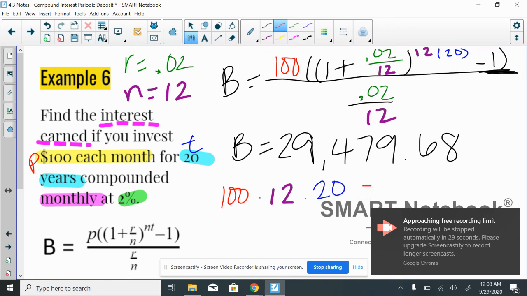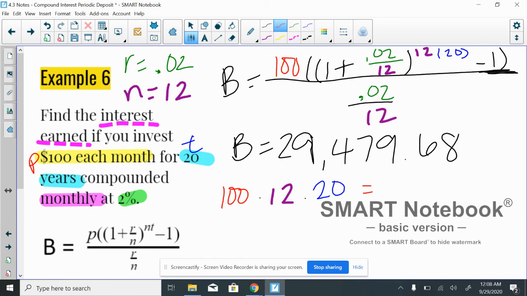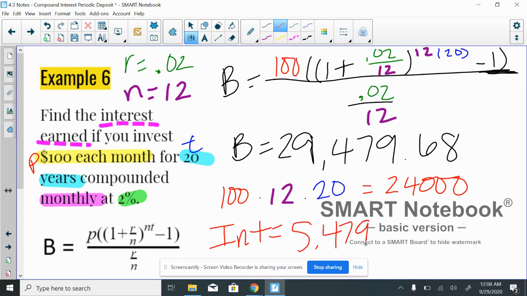I'm going to subtract my balance with my amount entered into the account, and that means my interest earned, which we did on the calculator, my interest earned was $5,479.68.